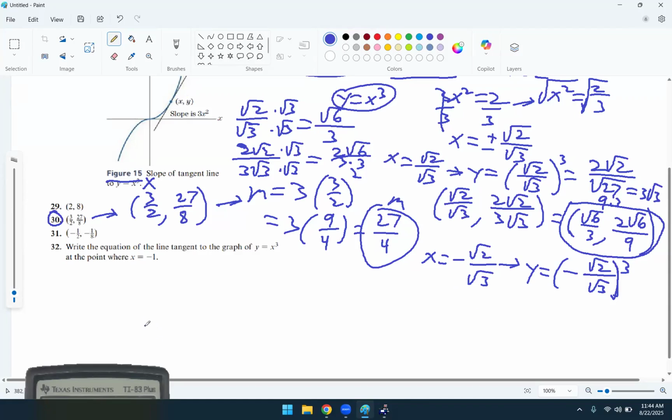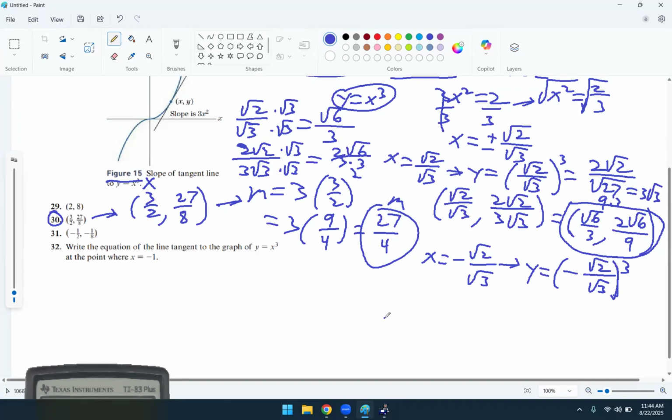So this is just plugging in, right? But again, we did most of the work in the previous one, right? The only thing is what? When you cube this, it's a negative number. When you cube a negative number, it's going to stay negative. Are you with me on that? So therefore, it's the same answer as this one, except that both the x and the y coordinates will be what? Negative. You see that?